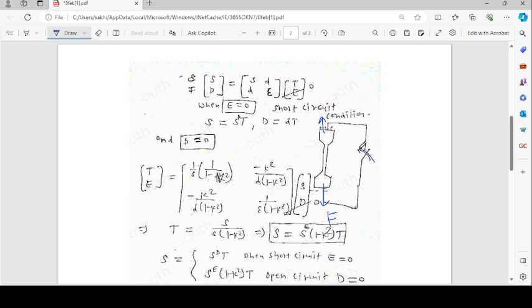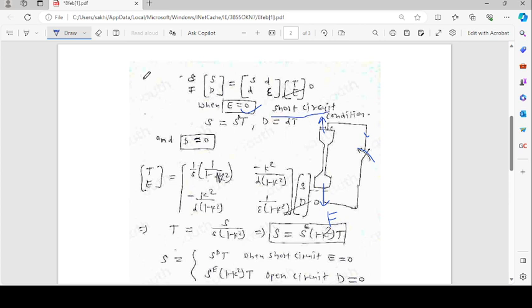So when you connect the switch, in the short circuit condition the electric field is zero, right? Because the current flows, then the electric field is zero. This condition is called the short circuit condition.